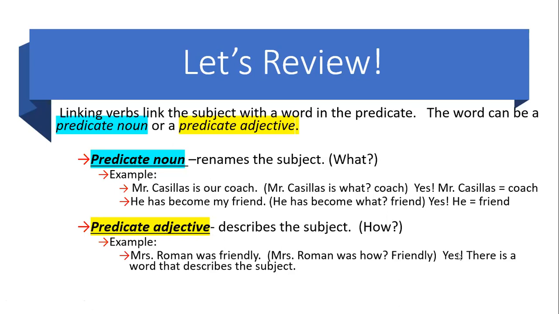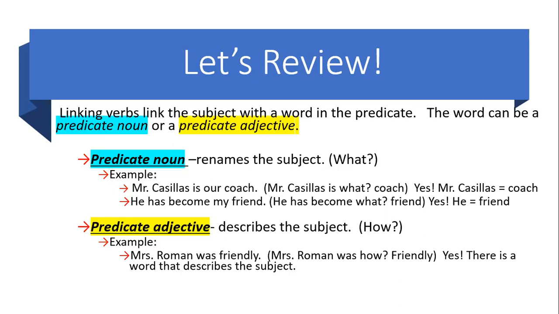Another thing that you can do, remember how we can put the adjective before the subject, friendly Mrs. Roman. Does that make sense? Right? She was friendly. Friendly Mrs. Roman helps me out. So again, the verb was is acting as a linking verb, and friendly is describing Mrs. Roman.